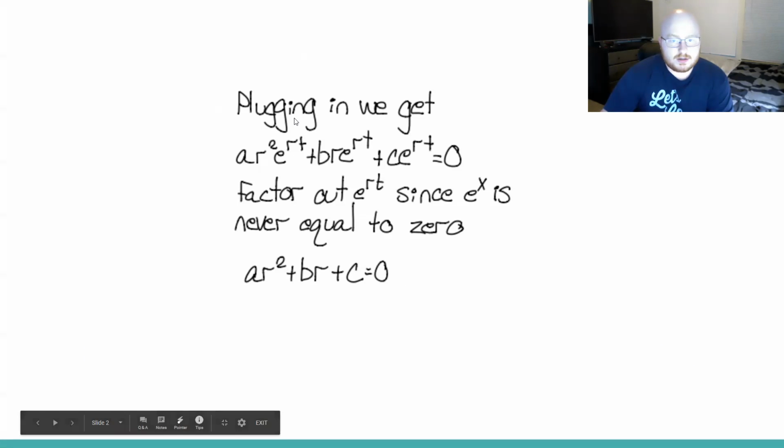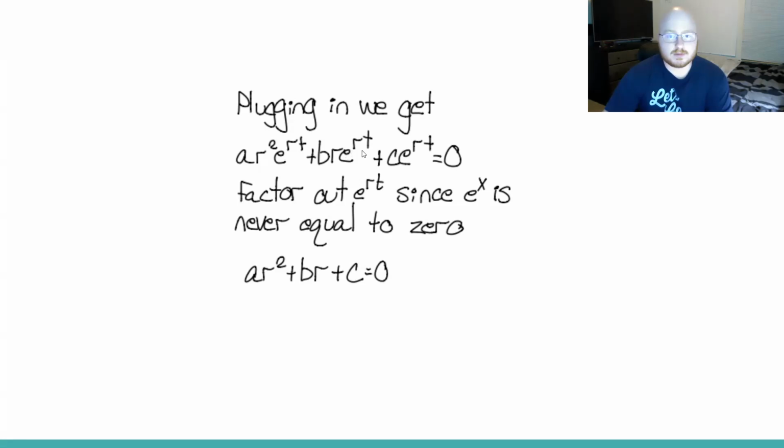So once you plug in e to the rt for y, you can factor out e to the rt because it's a common multiple, and then you can divide it out because e to the rt will never be equal to 0.